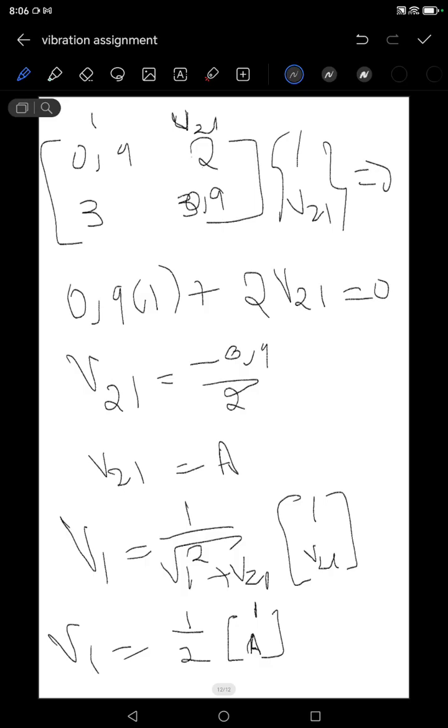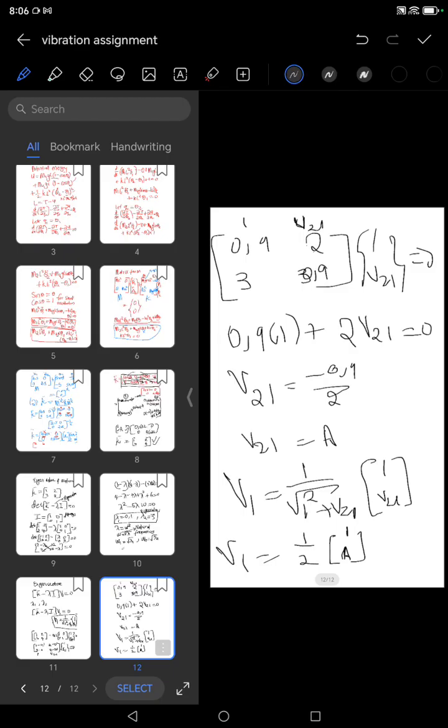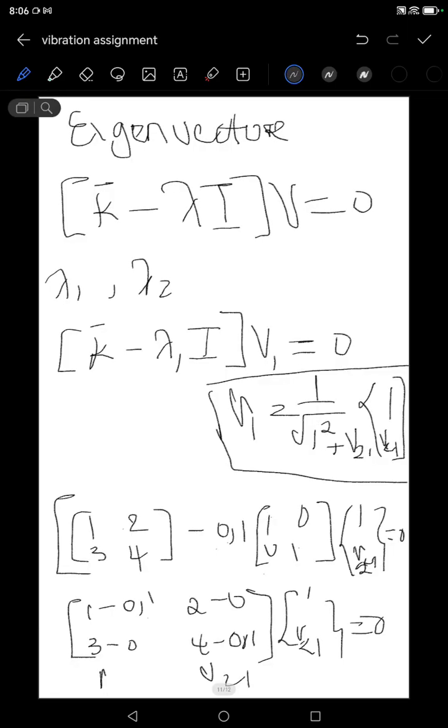Same thing for V2, but for V2 we're going to use the second lambda. Remember, here we started by using lambda 1, which means when we determine V2 we use lambda 2, and we still have the formula.